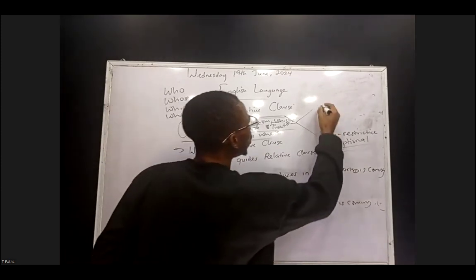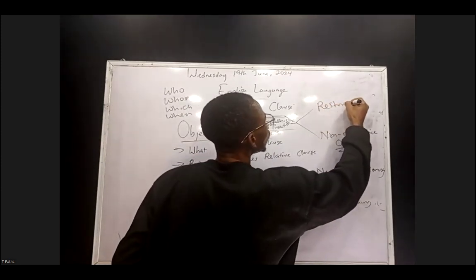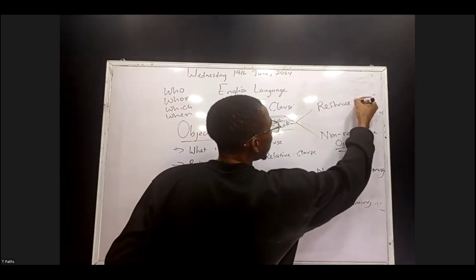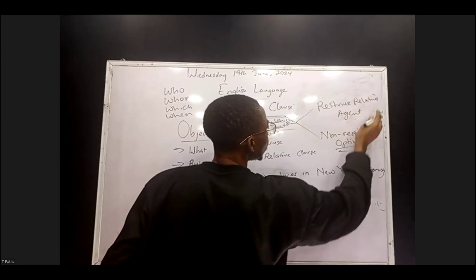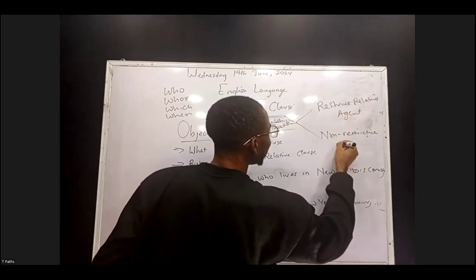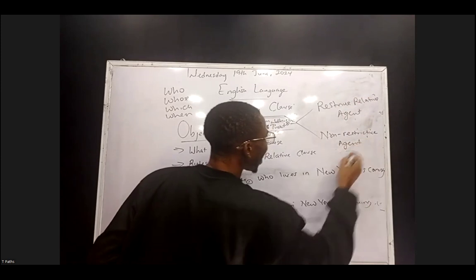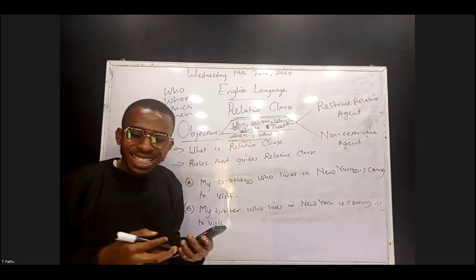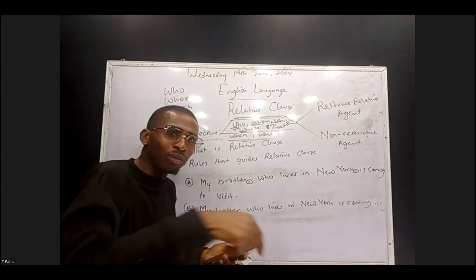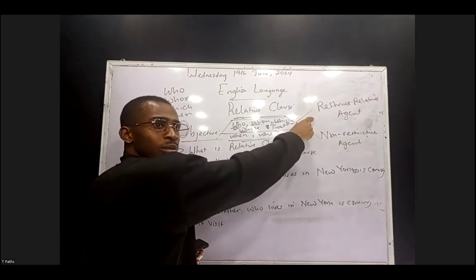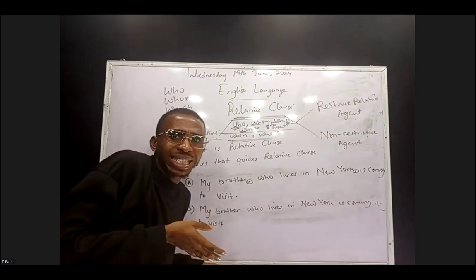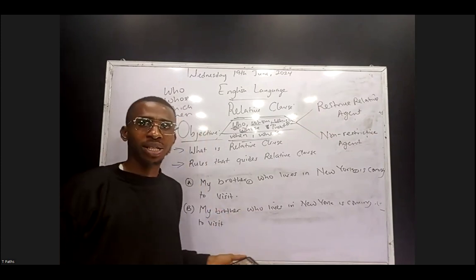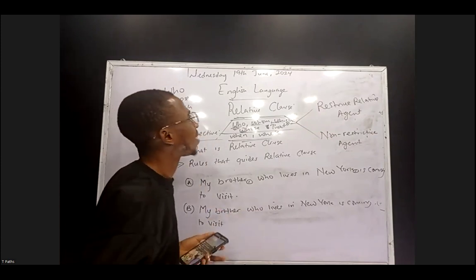When we are looking at restrictive and non-restrictive relative clauses, we are looking at the kind of relative clause that needs to be part of the sentence under restrictive, while non-restrictive means the kind of clause that either can be there in the sentence or be omitted from the sentence.